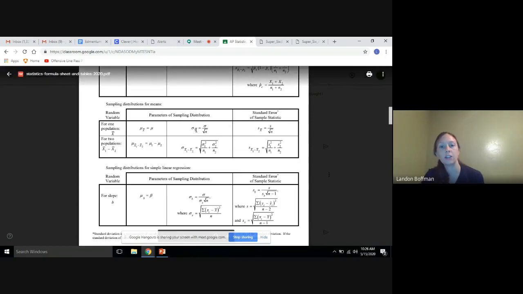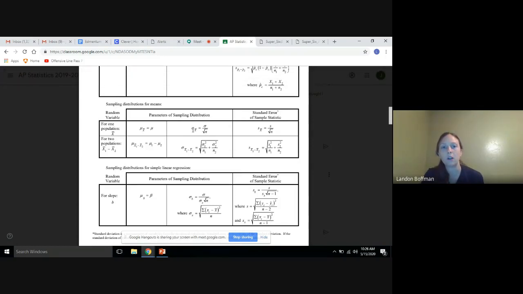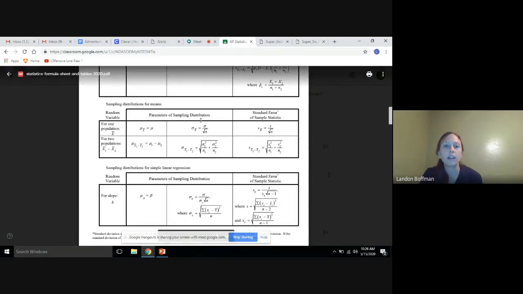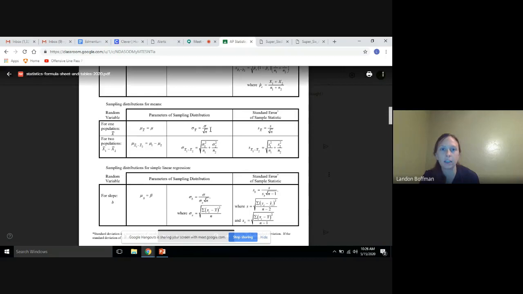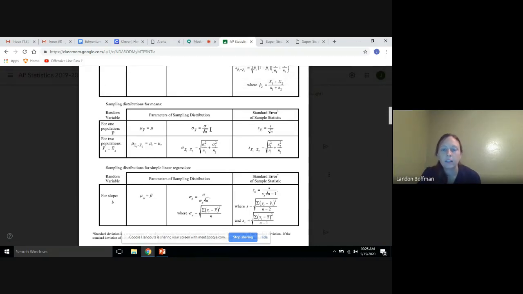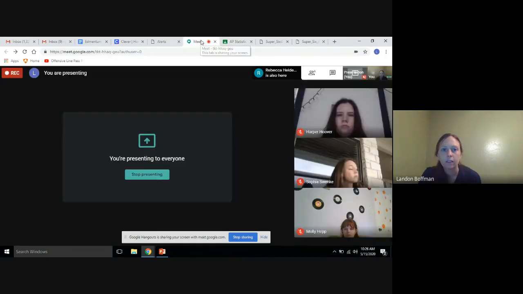But the standard deviation of your sampling distribution will be the true standard deviation divided by the square root of n. So you get those two values, and then you do your normal CDF with those two values instead. Does that make sense, that concept now?